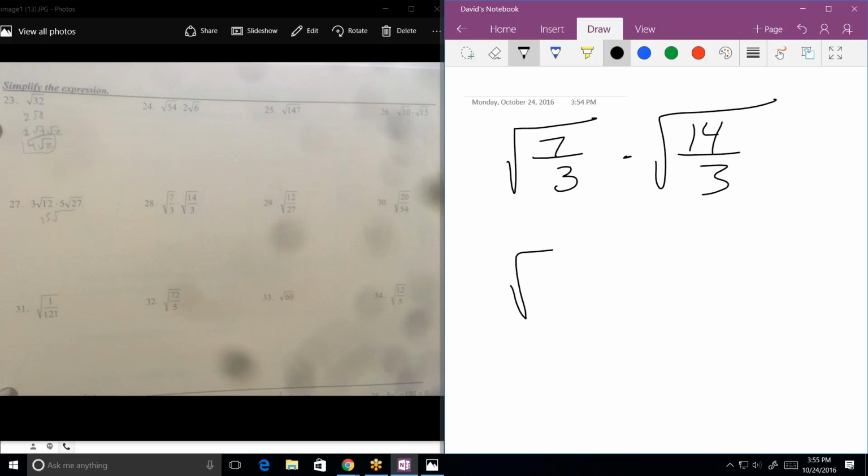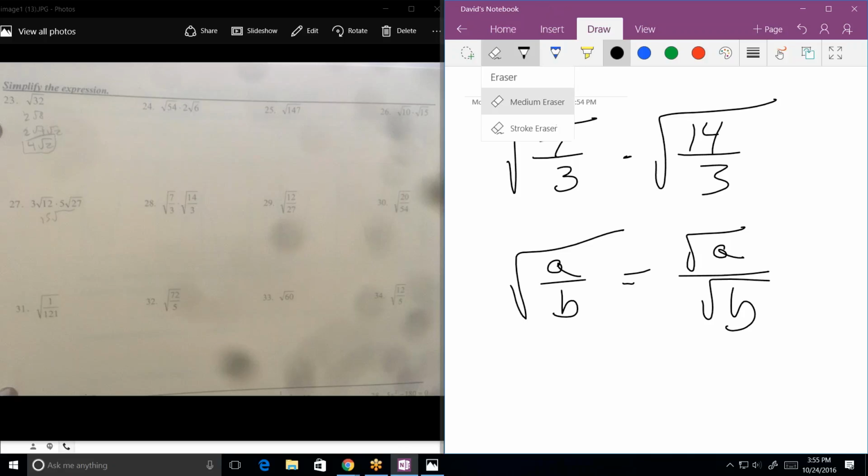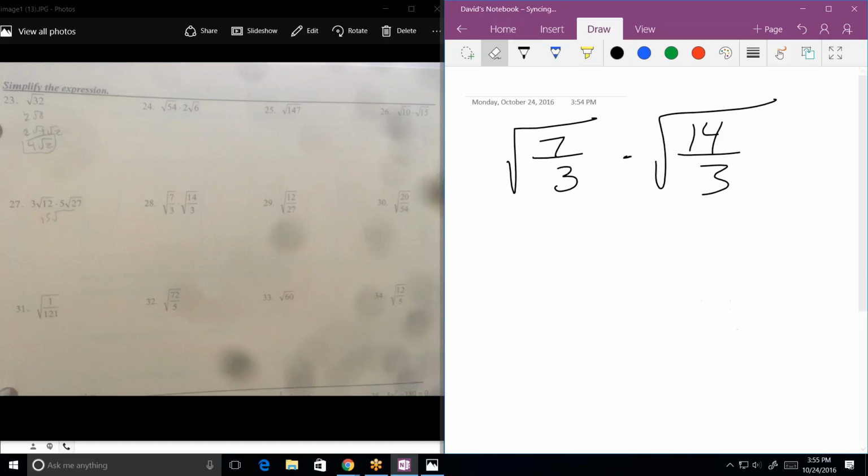Always remember that this is equal to this. So that's almost always the first step when you have a square root of a fraction, is to split it up into its various fractions like that.